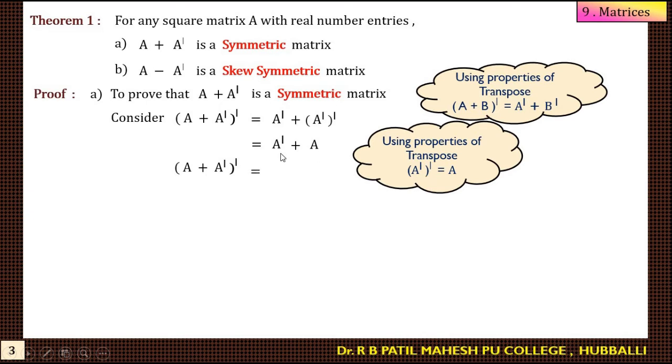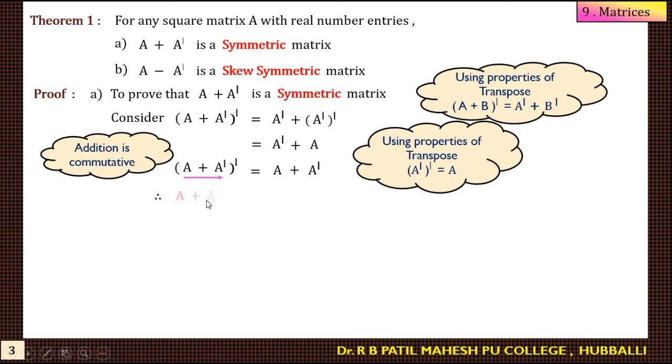Now by commutative law we can write this as A plus A dash. So here what we got, A plus A dash whole dash is equal to A plus A dash. Therefore A plus A dash is a symmetric matrix.